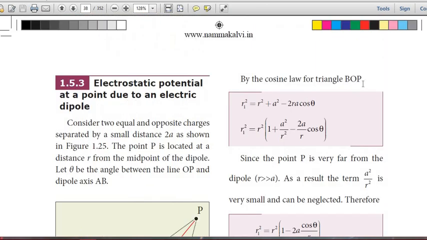By cosine law for the angle BOP, what is the formula of cosine law? R1 square is equal to R square plus A square minus 2RA cos theta. This is the cosine law formula for a triangle that you will get. R1 square is equal to R square plus A square minus 2RA cos theta.